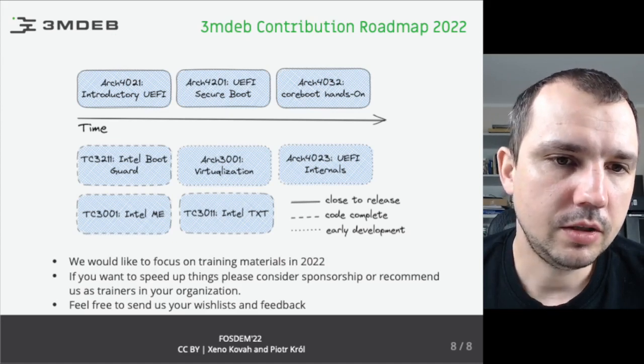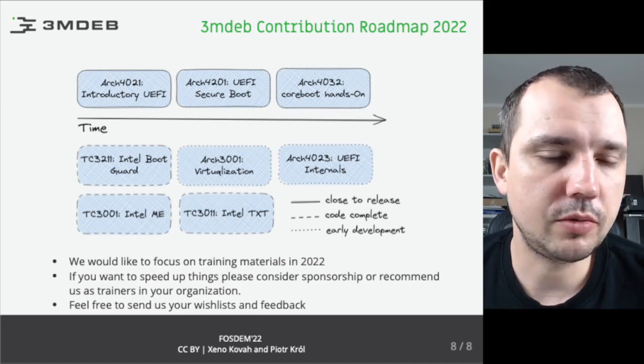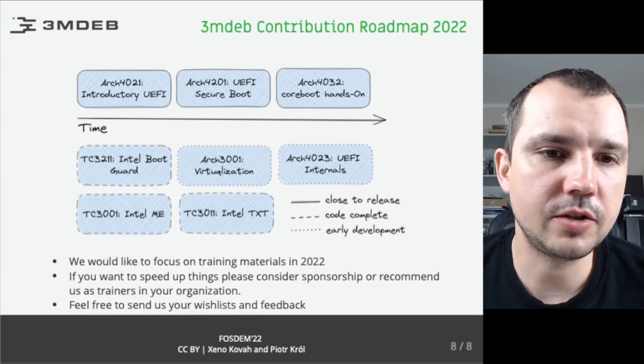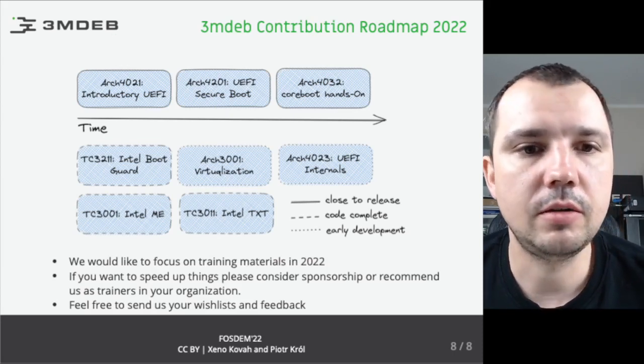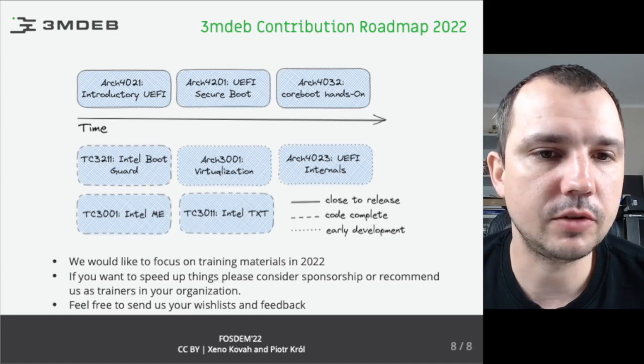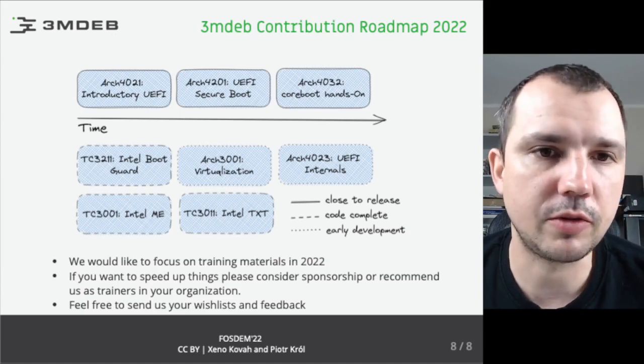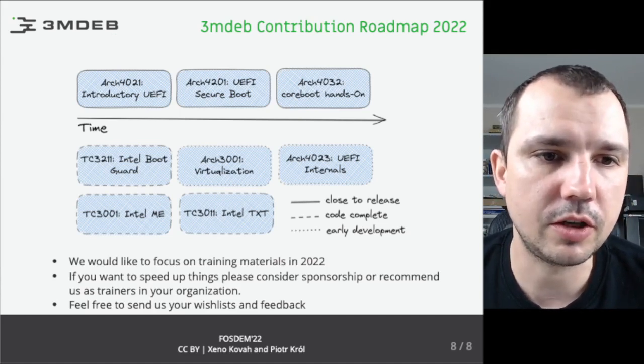So we would like to focus in 2022 more on training materials than on conferences. So most likely we will be less available at conferences, but we will try to provide more materials on Open Security Training.